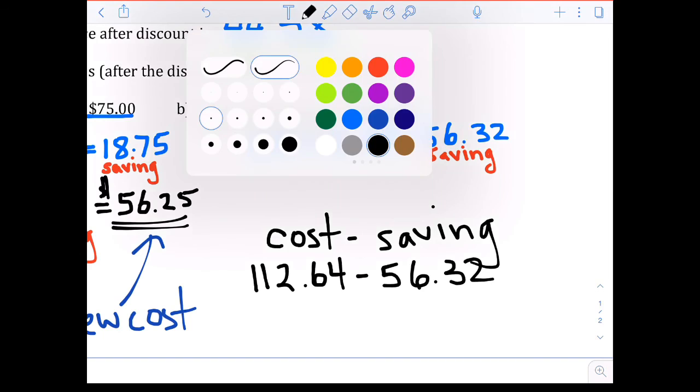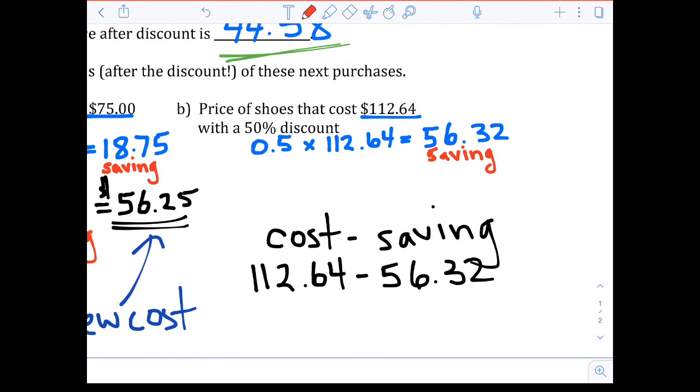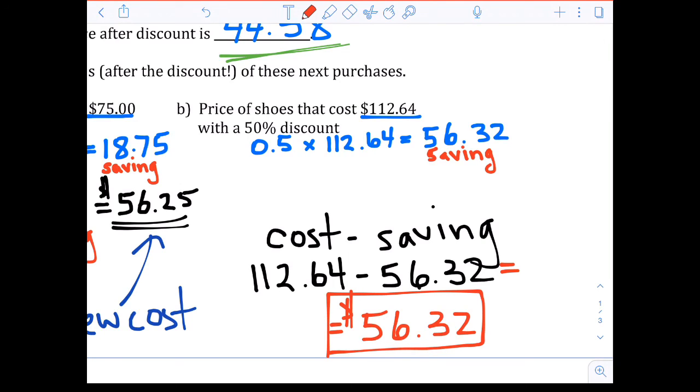When we put that into our calculator, it's going to give me the new cost of all of my items. And when I do that, we find out that it's also $56.32. So you might say, why is it exactly the same as the original price?